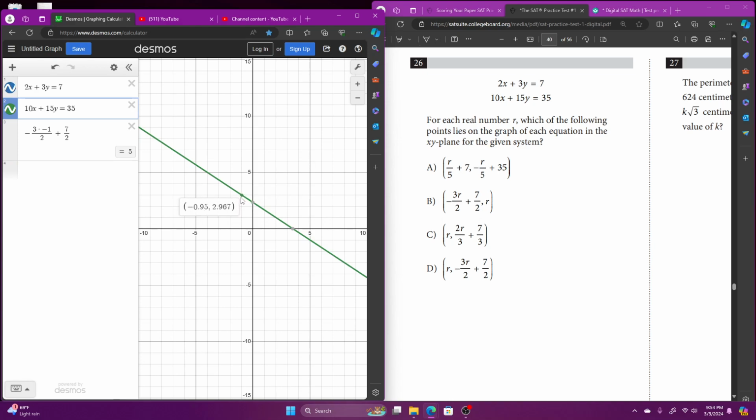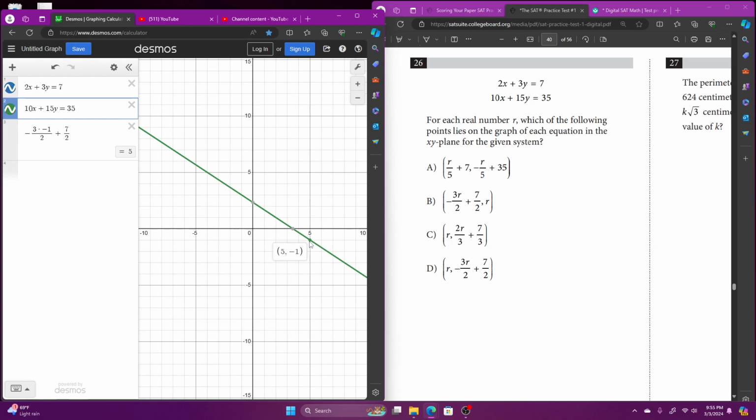When y is negative 1, over here, then x is 5. So answer choice B works for both of those.